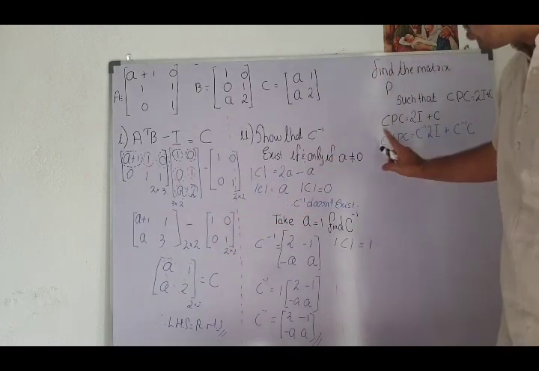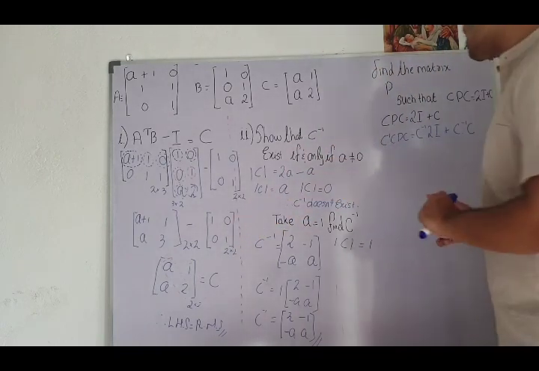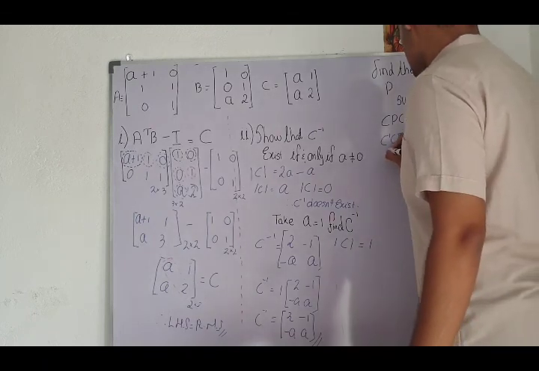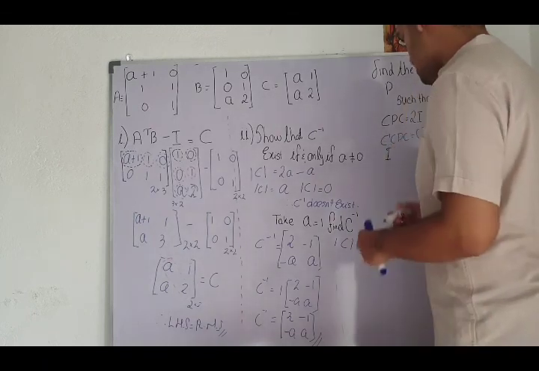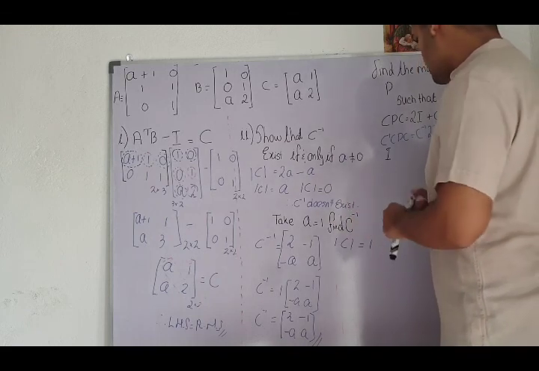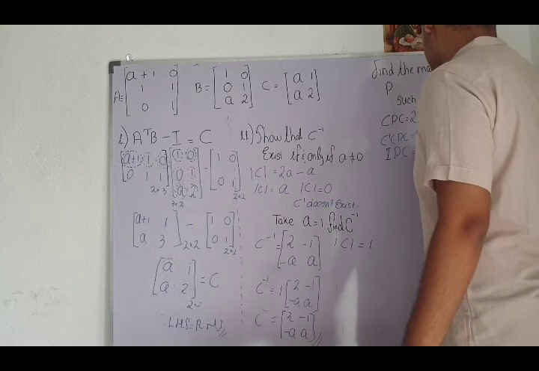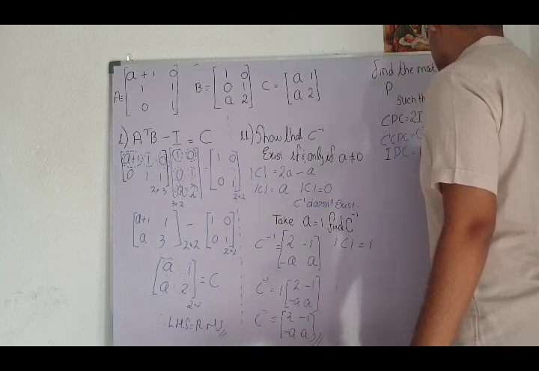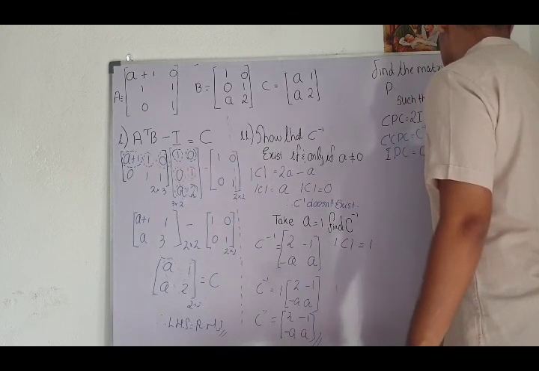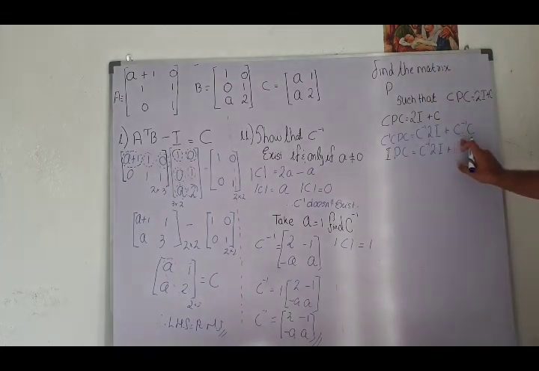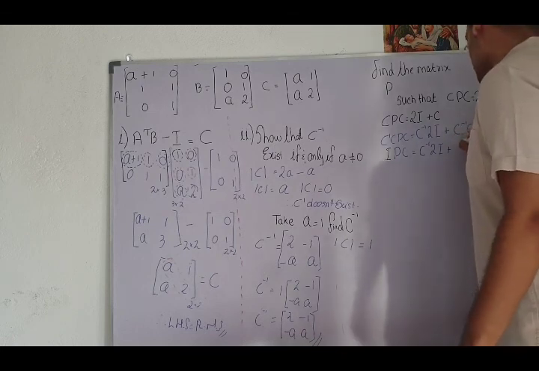So I write this as I dot P equals C inverse 2I plus. In here also we can see that there comes an identity matrix of order 2.